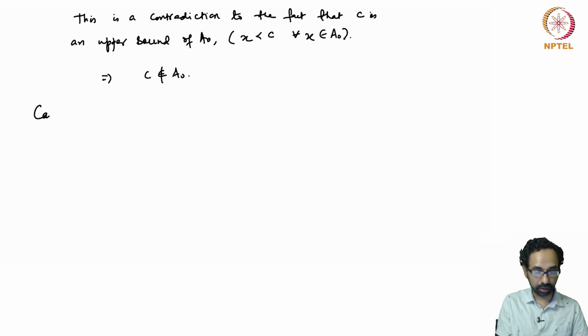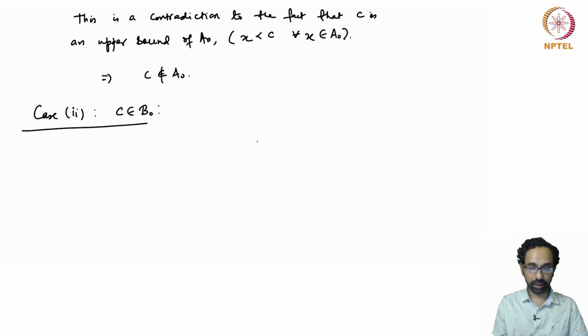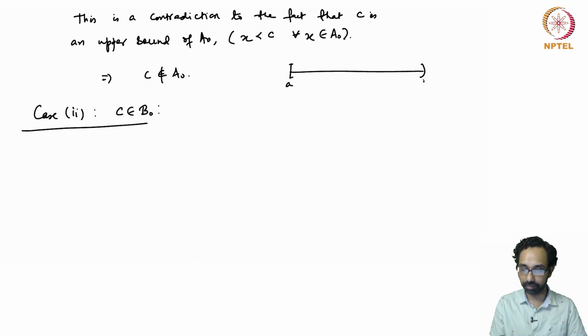So now we come to the second case, case 2, which is that C belongs to B0. Let me draw a quick picture for the first case. Here we had A, here we had B, and the point C was somewhere here or somewhere here.